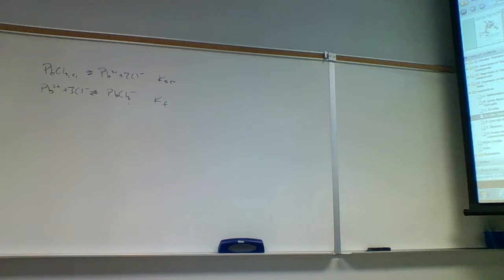This combined method works great if it's like 10 to the minus 38 or 10 to the minus 50. Is there a 10 to the minus 50 on here? 10 to the minus 53. If it's like that, wow, this combined method is going to work fantastic, because that means there's going to be very little free ion, right?